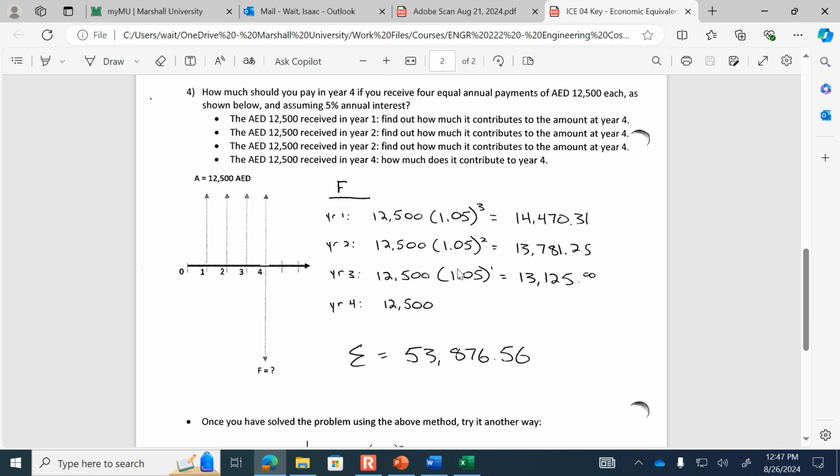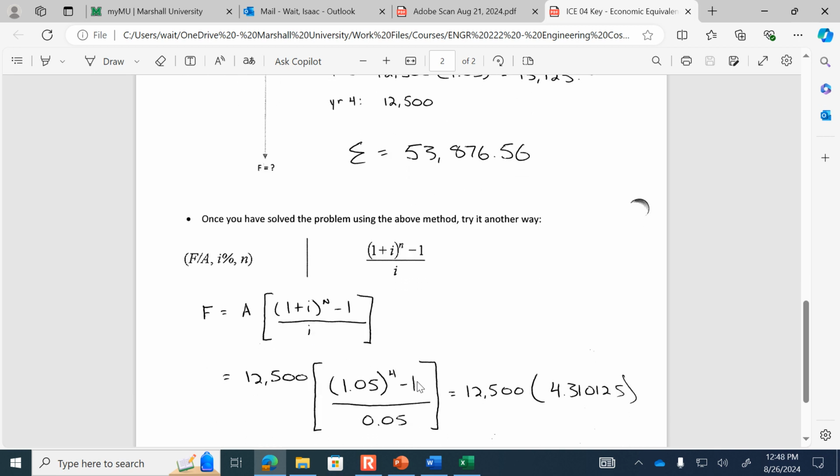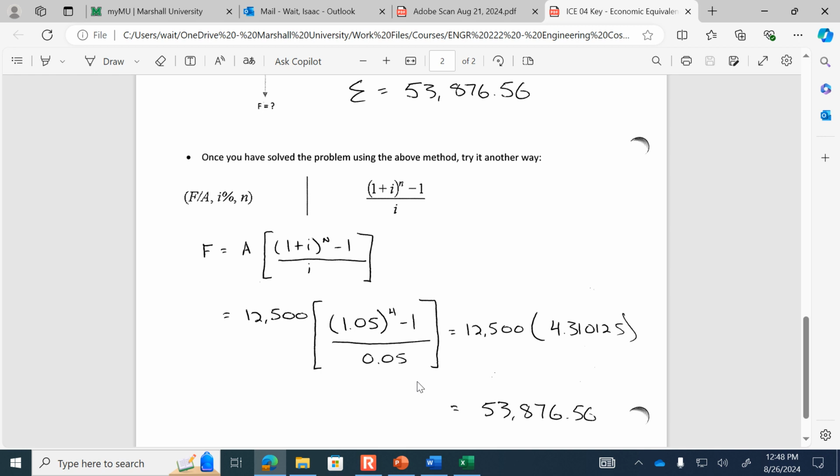If you use that equation, find F given A, then you should get the same thing. You multiply A, the amount of the annual series, by the value of the ratio. So in the brackets here, it's 4.310125.